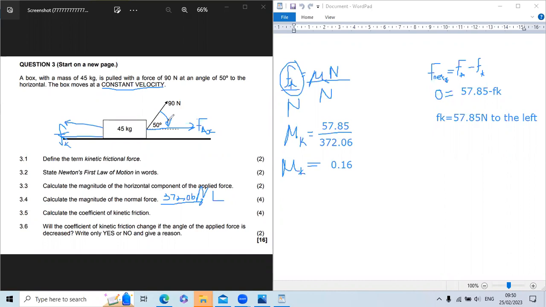It's going to be less. And since we know that friction and applied force are equal, but acting in different directions, do you think the coefficient of friction is going to change? No, sir, it's not going to change.